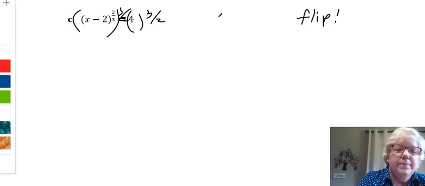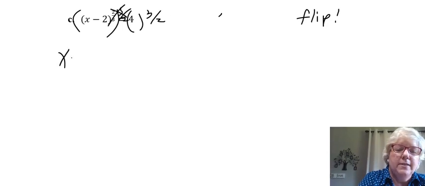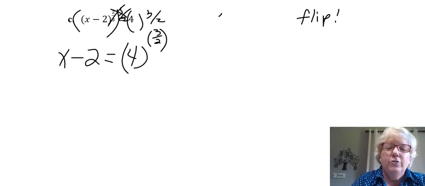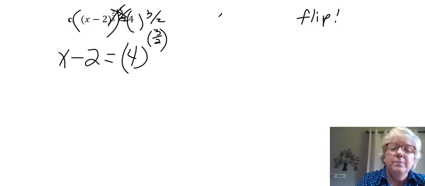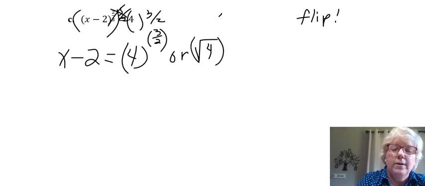And they cancel, and that leaves x minus 2. And then I have 4, and again I'm going to put 3 over 2 in parentheses. Now you can put this in your calculator to simplify, or again you can think of that as the square root of 4 cubed, which is 2 cubed or 8.